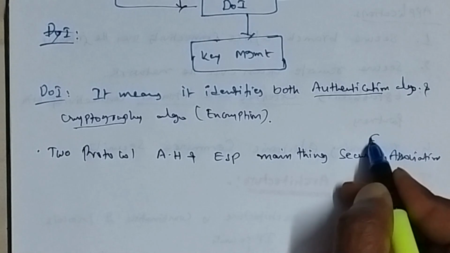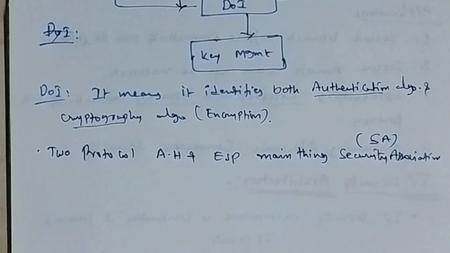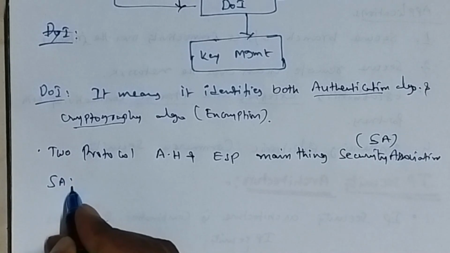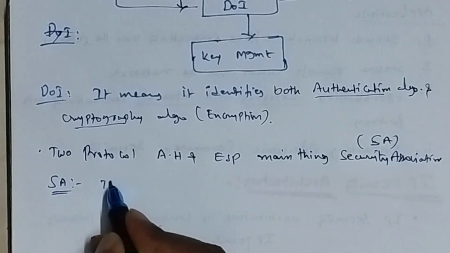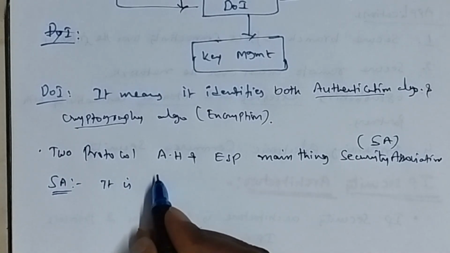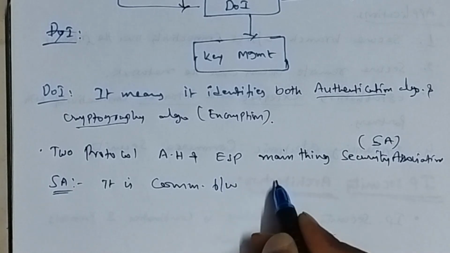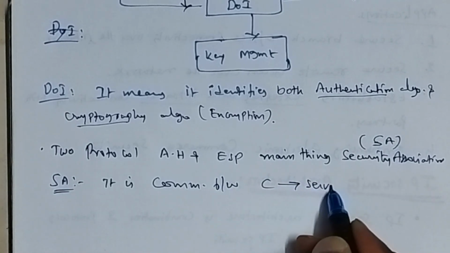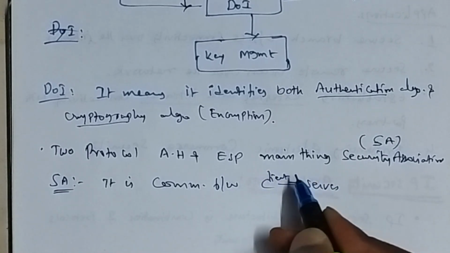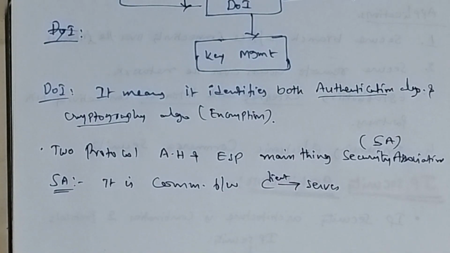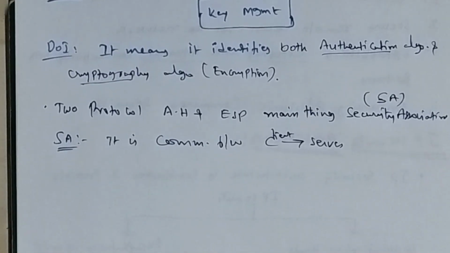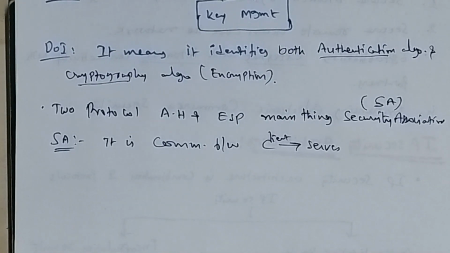What is security association? SA. Security association is nothing but a communication between client and server. It is one-way communication between client and server.